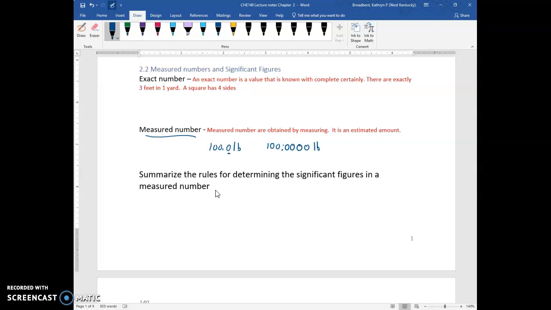Always put units. So a measured number is obtained by measuring, and it also is dependent on the instrument used. And whenever we do calculations with measured numbers, we need to make sure that we record the correct number of digits. We don't want to add digits that aren't meaningful. We want to only record the digits that we really did measure.